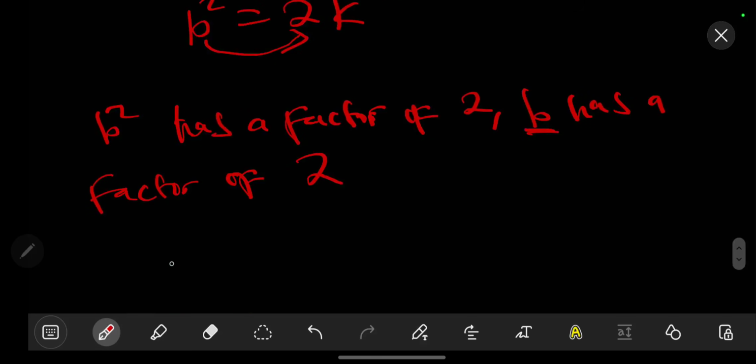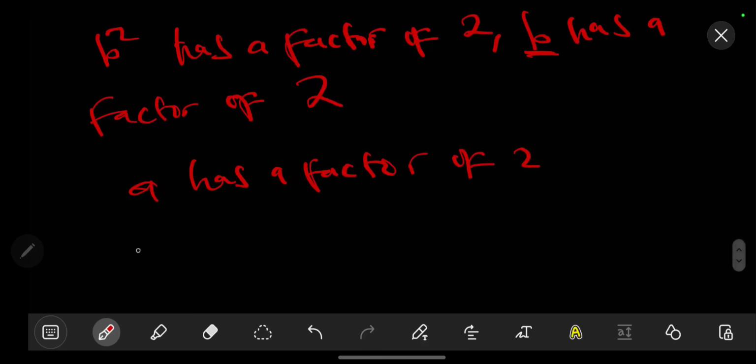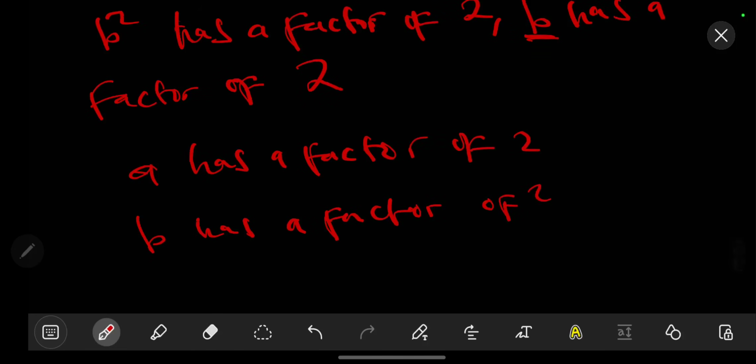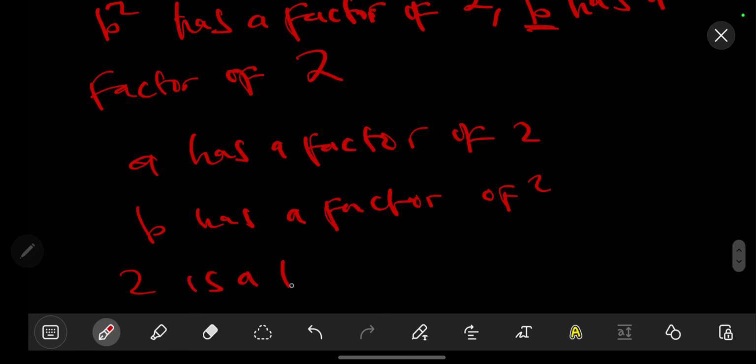Now, as we can see, already a has a factor of 2. You can write this statement, but don't write this: a has a factor of 2, then also b has a factor of 2 as well. So that means 2 is a common factor.